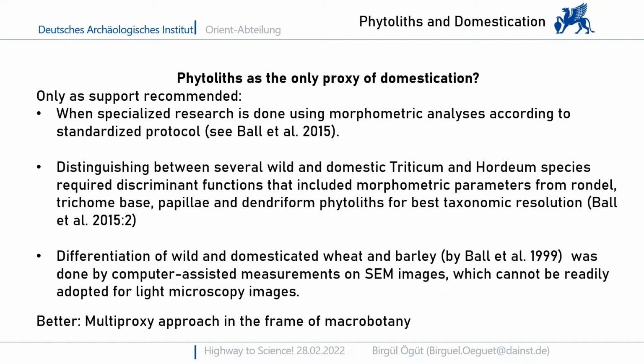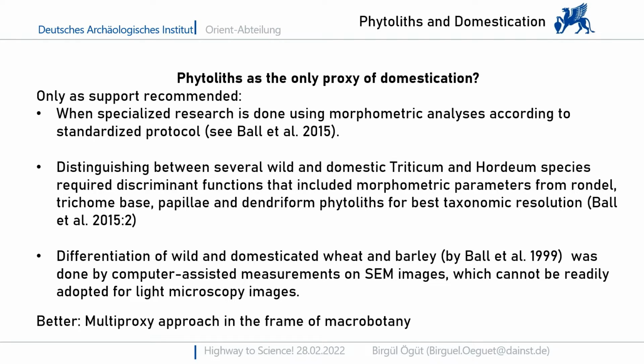Since a distinction between wild and domesticated Triticum and Hordeum, wheat and barley, species requires discriminant function, the morphometric parameters of different phytolith types should be included for the best taxonomic resolution.